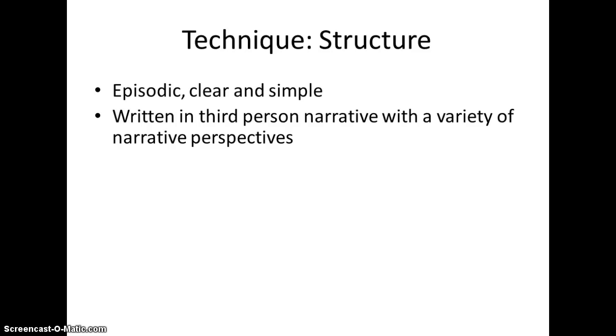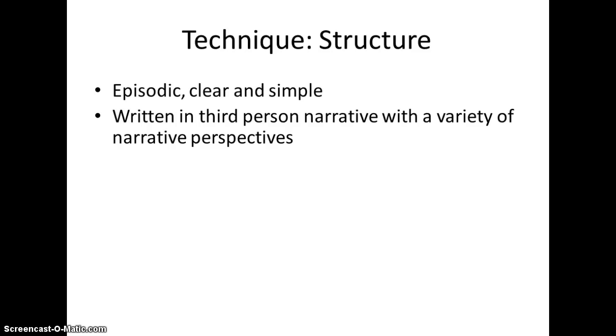Now, in terms of how Steinbeck structures the novella, you'll notice it's quite clear and simple. It's episodic. They're not called chapters, but for our purposes, we can call them chapters. We have a series of episodes, 6 in total, and they're nice, clear, and simple.